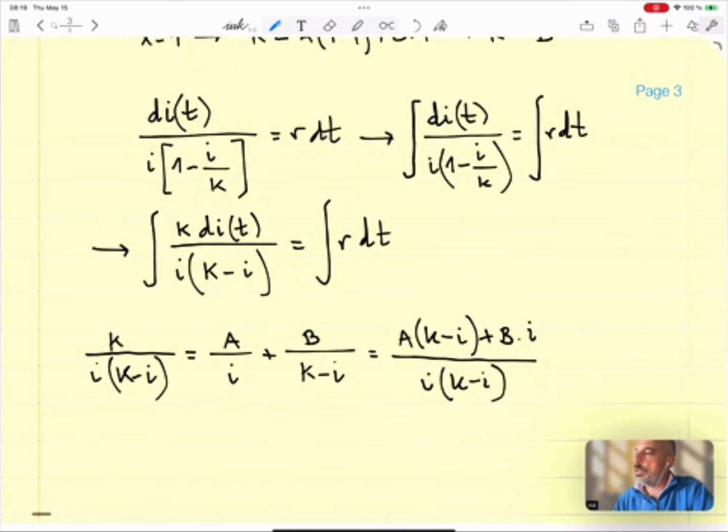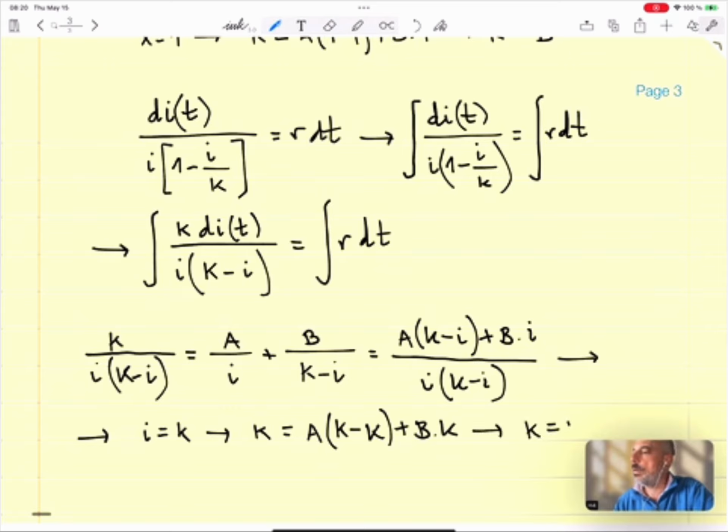As a result, for I equal k we have k equals a times (k minus k) plus b times k, so k equals b times k, and b is 1.